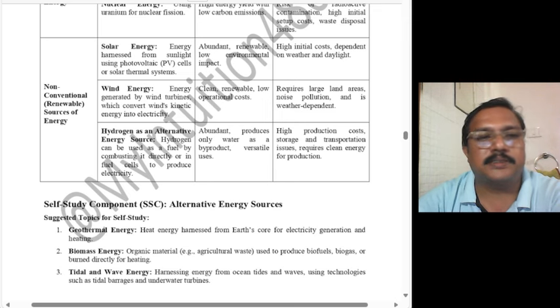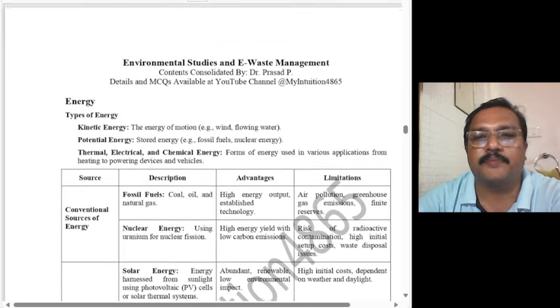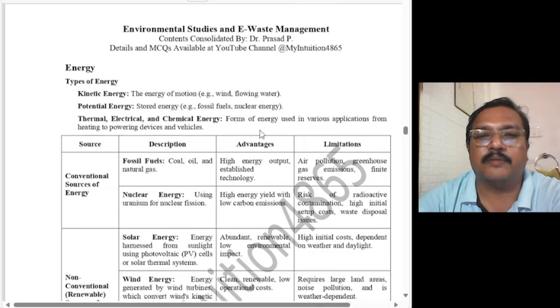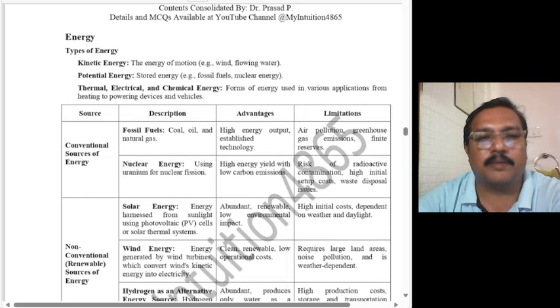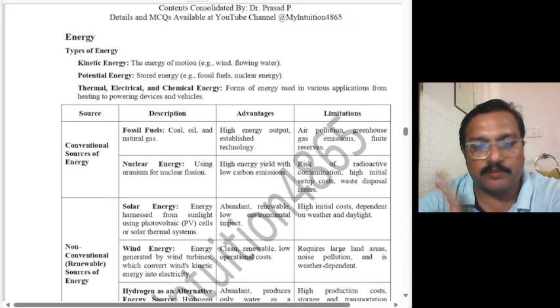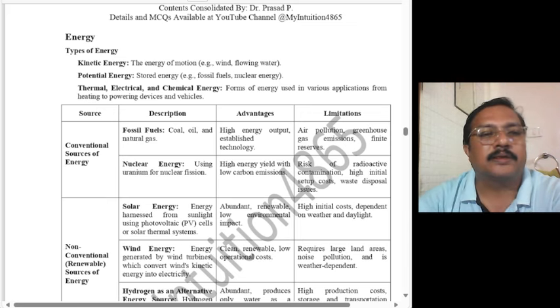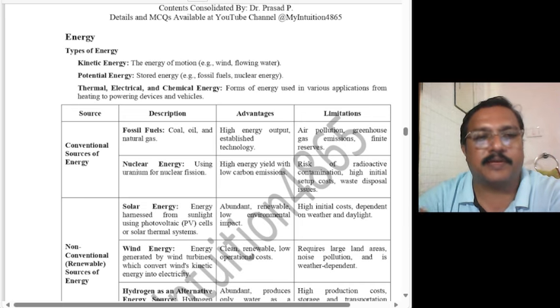So energy is very essential in our lives, and it has different forms, as I said: kinetic energy, potential energy, thermal, chemical energy. We use both the conventional as well as the most recent renewable sources, which are sustainable, to meet our energy needs.